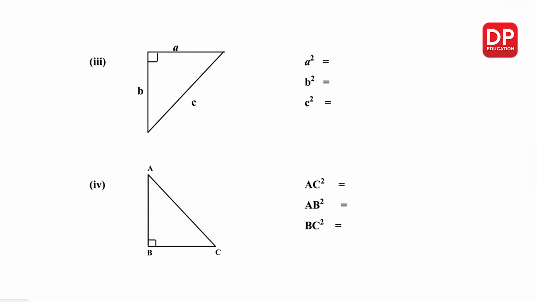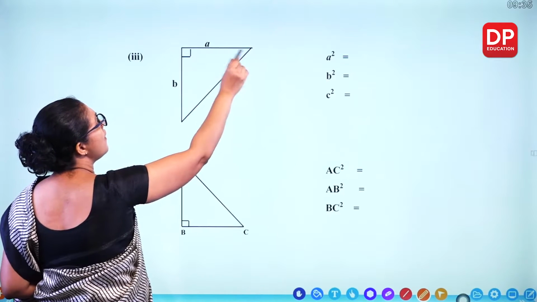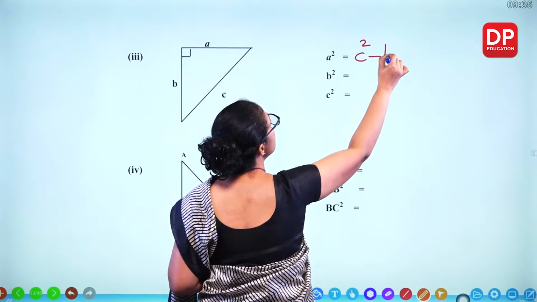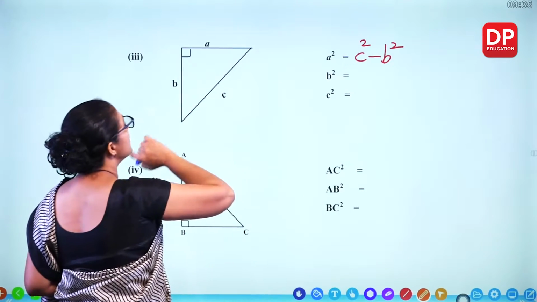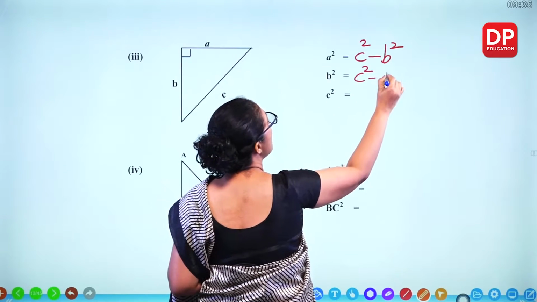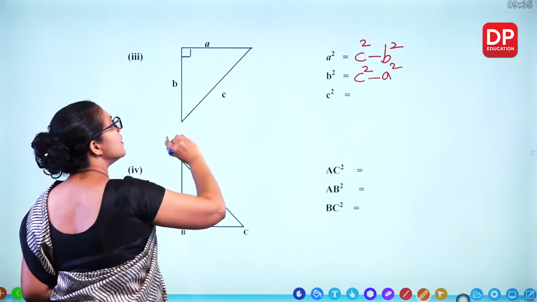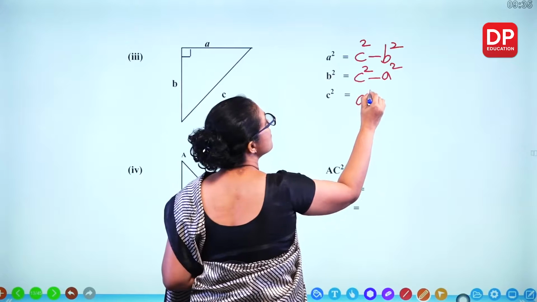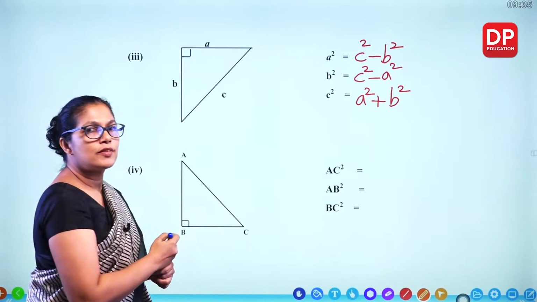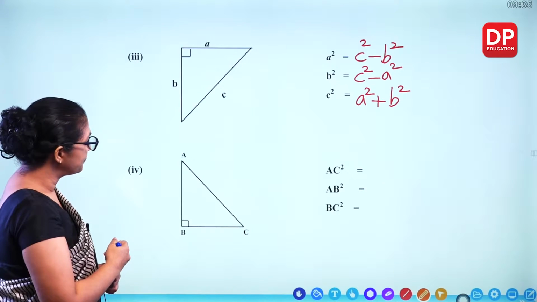This triangle, A squared is not the hypotenuse. So B squared is C squared minus A squared. What is C squared? The sum A squared plus B squared. So always identify the hypotenuse first.